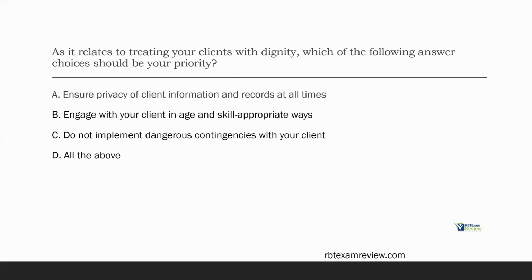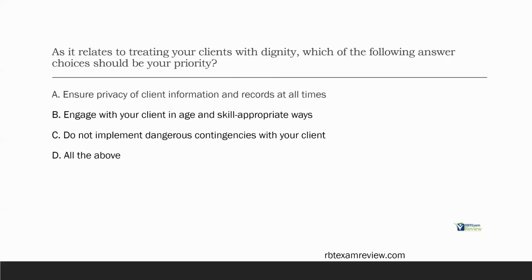Don't do things that are way too easy for them. Your expectations should match their age and skill. Same thing if you're working with a 3-year-old, treat them like a 3-year-old, right? You get down on their level and just engage with them. Just the rule of thumb is engage with them like they don't even have an addiction or disability or whatever, right? Just another person you're engaging with throughout your day. So B is also one of our answers.